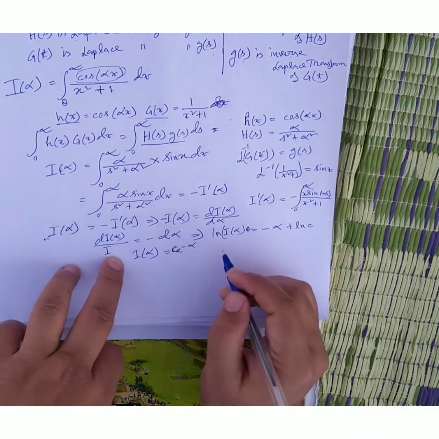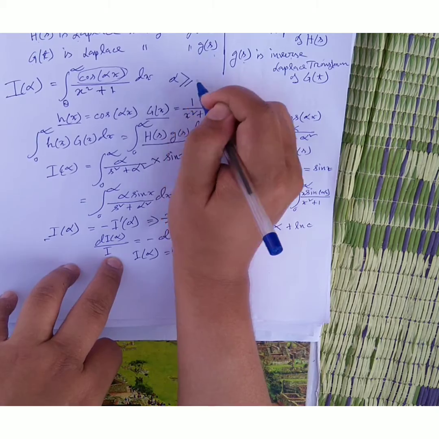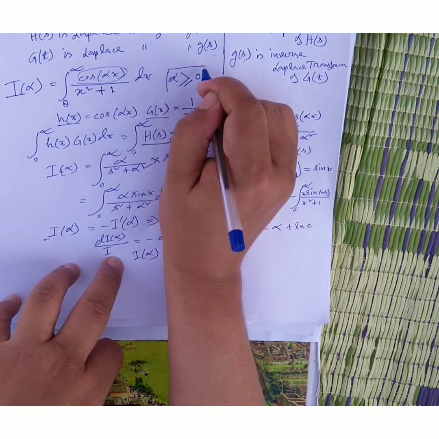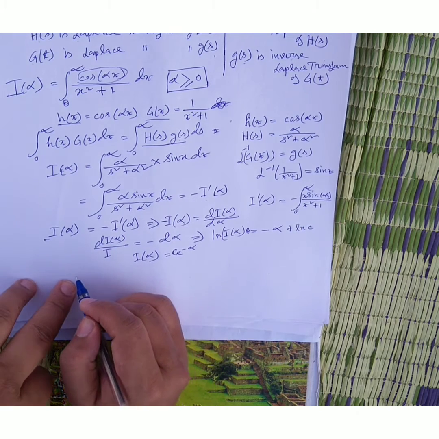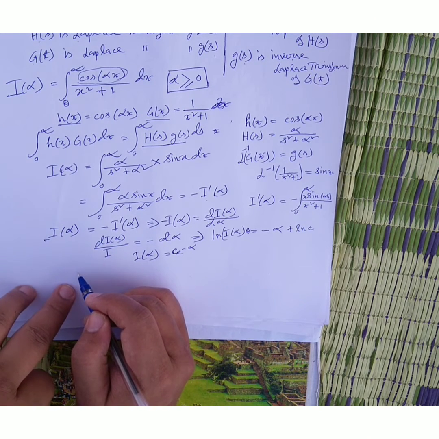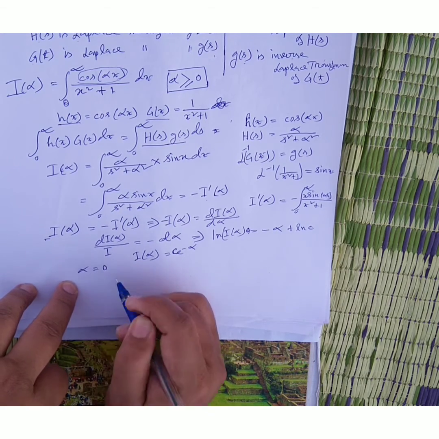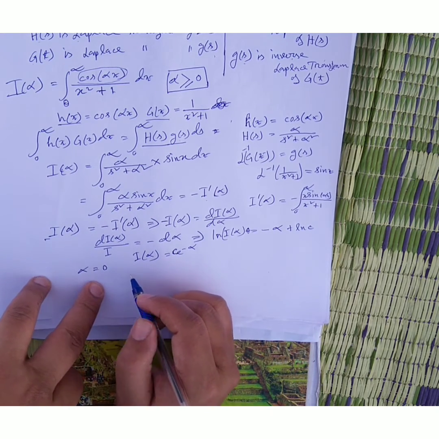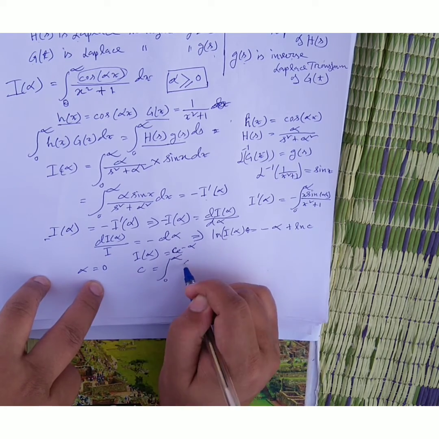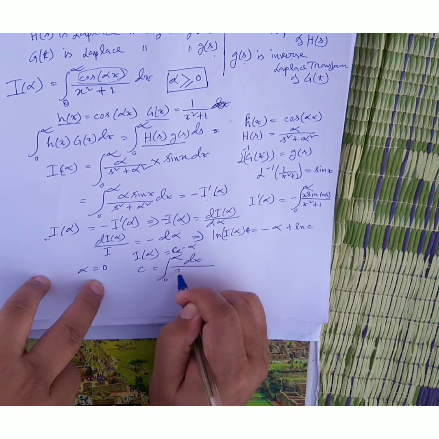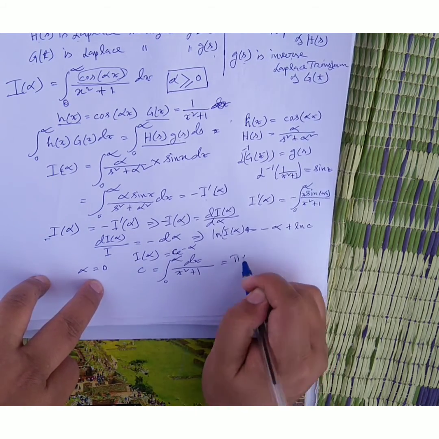Now friends, this alpha value should be greater than or equal to 0. Now I can put alpha equal to 0 to find c. So c is equal to the integral from 0 to infinity of dx divided by x square plus 1, which is pi by 2.